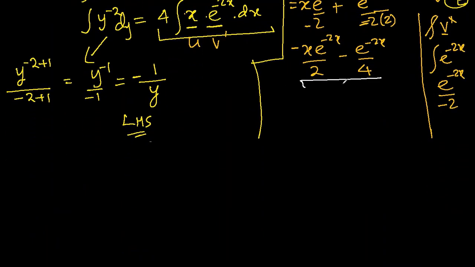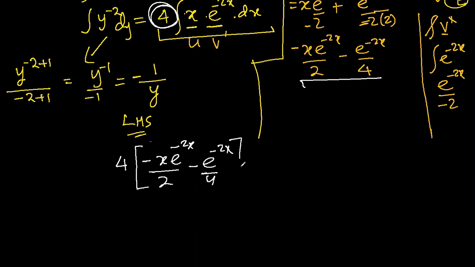RHS will be minus x e to the power minus 2x over 2 minus e to the power minus 2x over 4. And if you remember, this 4 was there in front, so we did not take care of this till now. Now we will put it here, and LHS was minus 1 over y already, and we have to add a c after this.